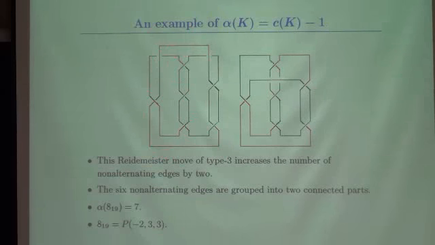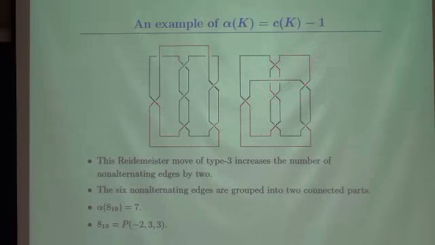But this is a non-alternating triangular region. So you can do Reidemeister move 3, passing this arc over this crossing to get this. Then these 2 non-alternating arcs are still there, and here you have increased the non-alternating edges by 2. So 1, 2, 3, and 4.